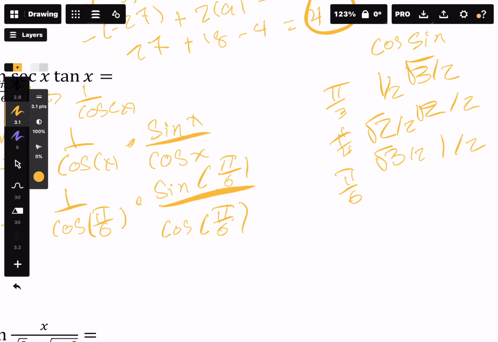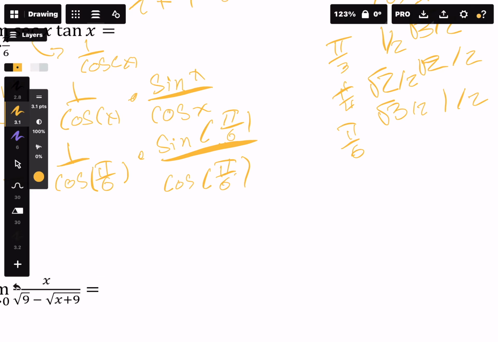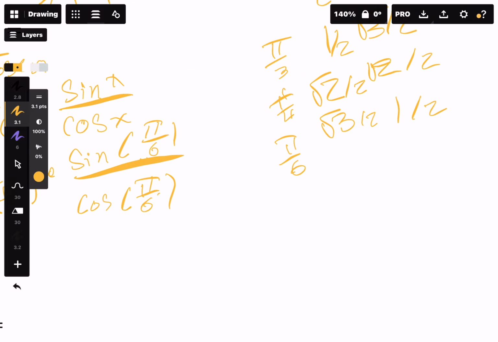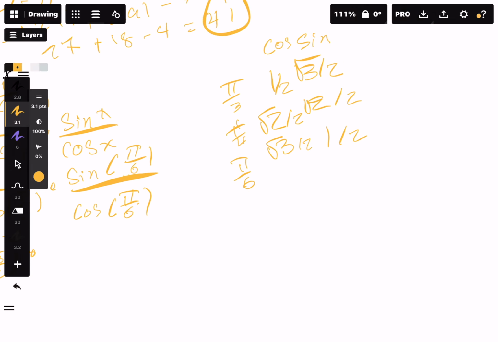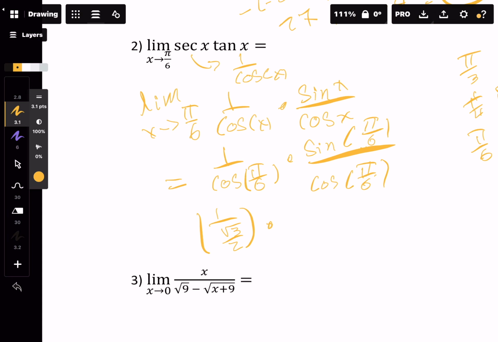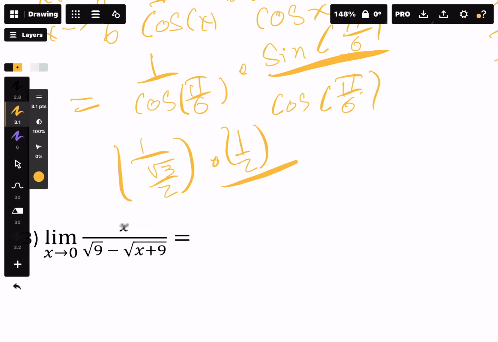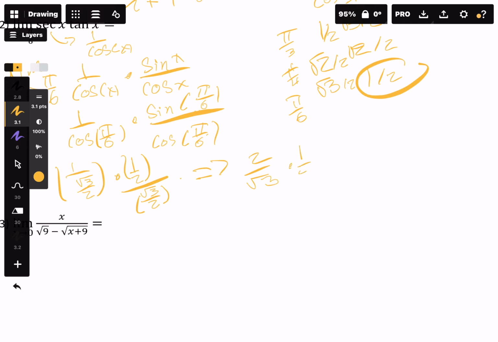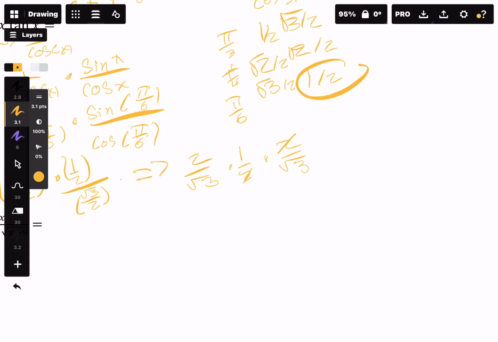And so what we can see here is this is going to be 1 over cosine of pi over 6, which is root 3 over 2, times sine of pi over 6, which is 1/2, times 1/2 over cosine of pi over 6, which is root 3 over 2. We can rewrite this as 2 over root 3 times 1/2 times 2 over root 3. The 2s are going to cancel out, and this is all just going to leave me 2 over 3. Therefore, the answer is going to be 2 over 3.